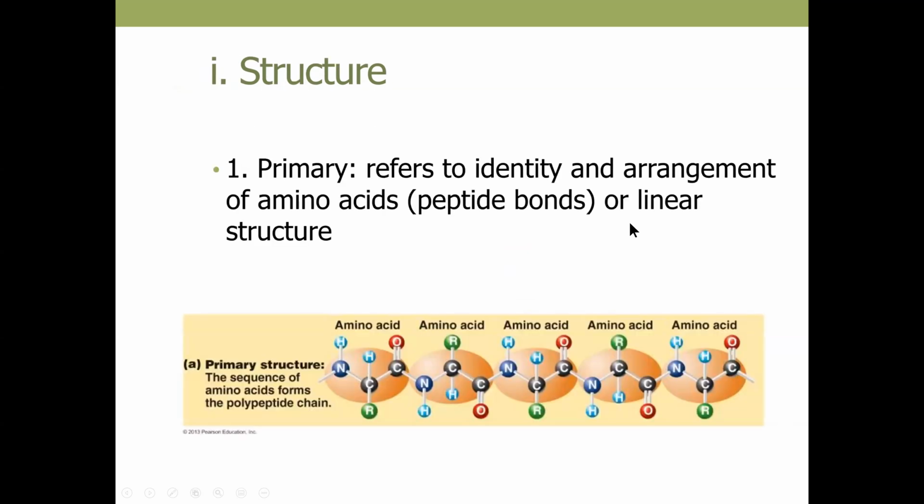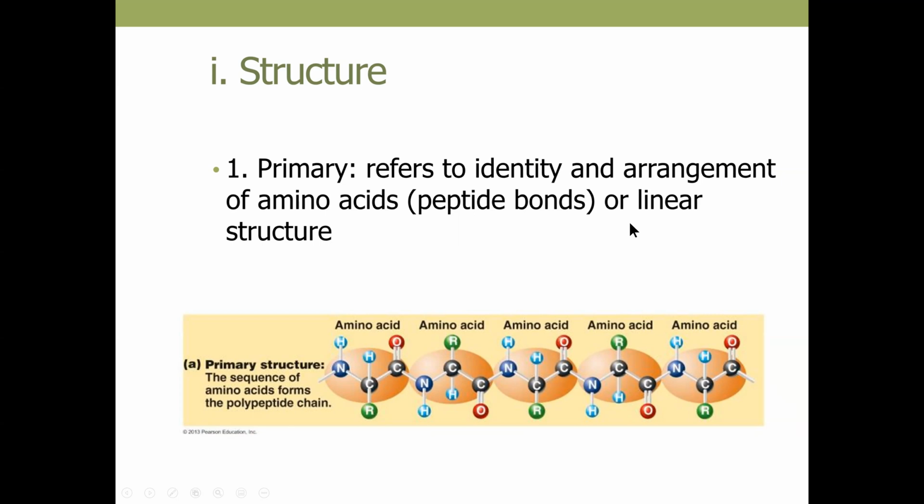The first level of structure is a list of the amino acids, starting with amino acid number 1 and going through amino acid number 1,000, maybe 5,000, whatever it is, until you get to the last amino acid.